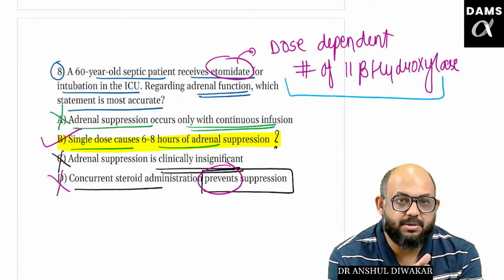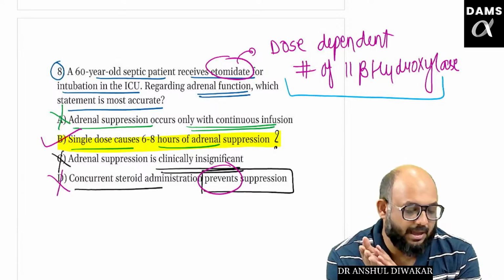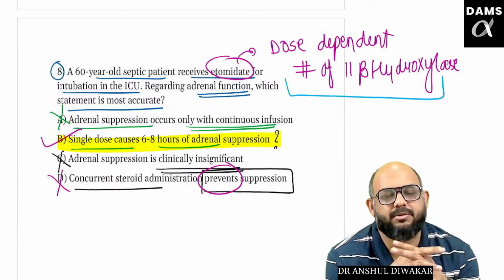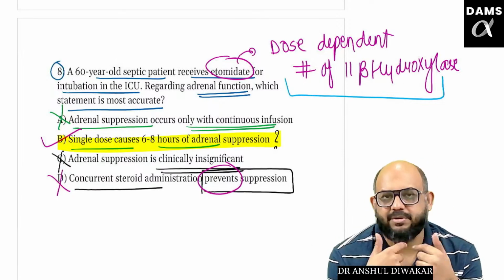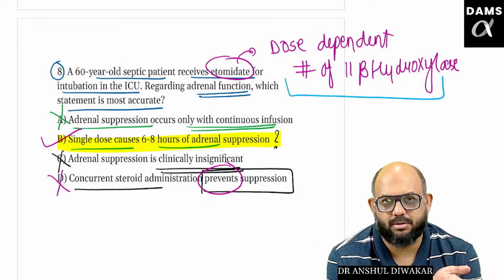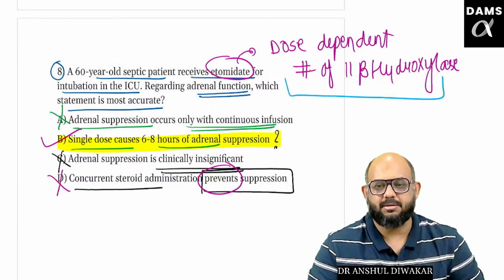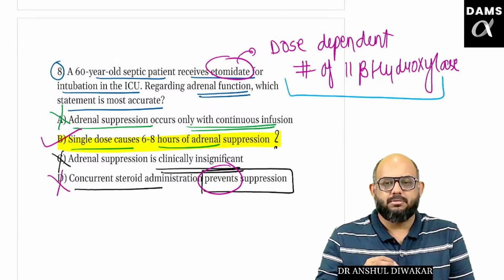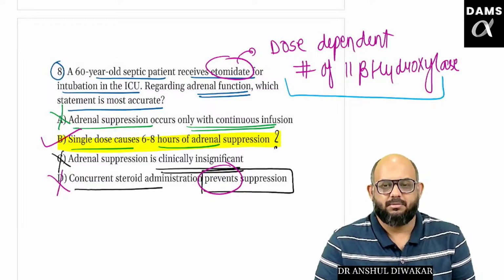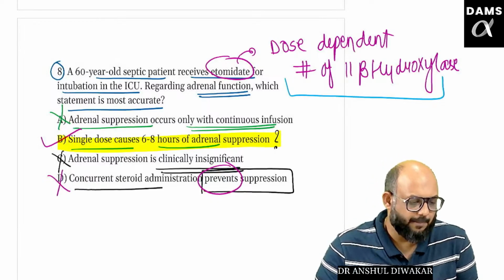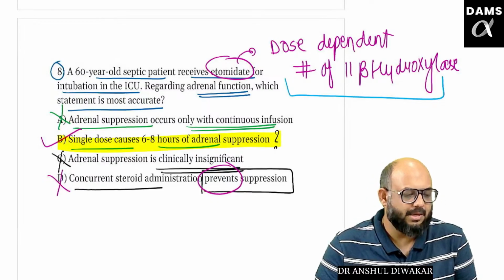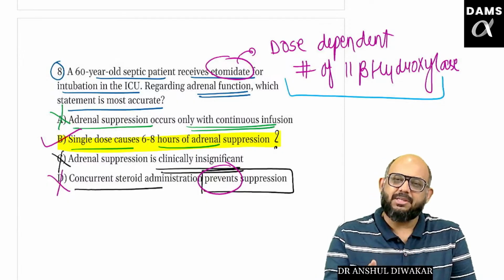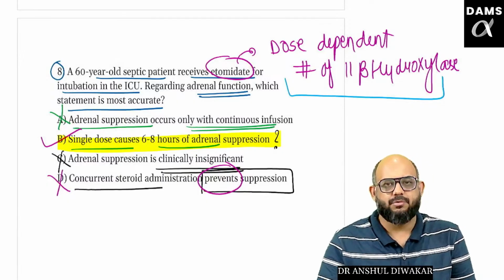If it is dose dependent, then why will it happen only with a continuous infusion? When you give a single bolus dose, is it not a dose? Is it or is it not a dose? Yes. See, this question I've specifically designed in a way to confuse you.